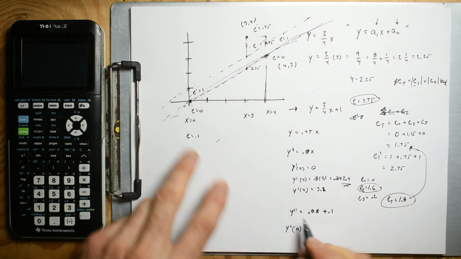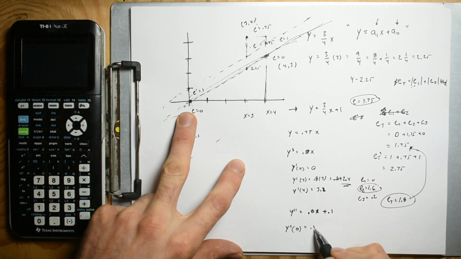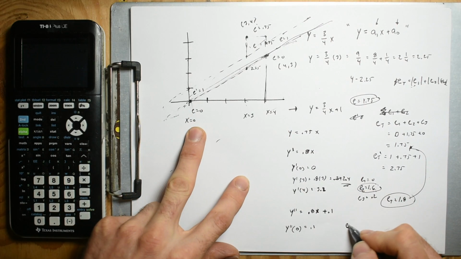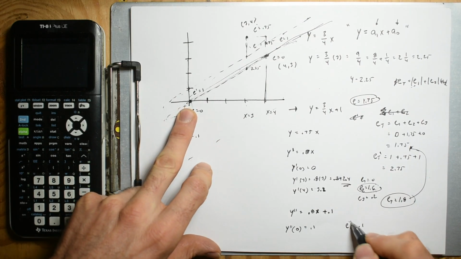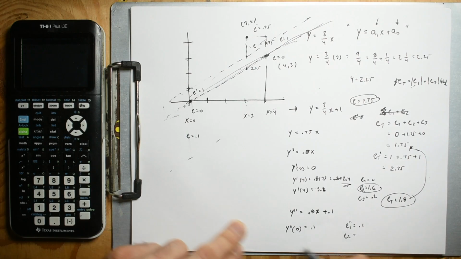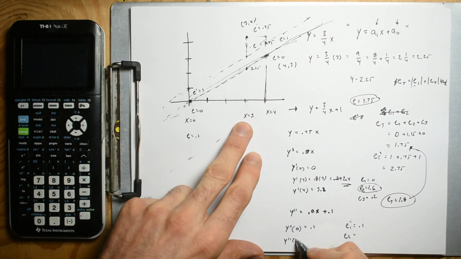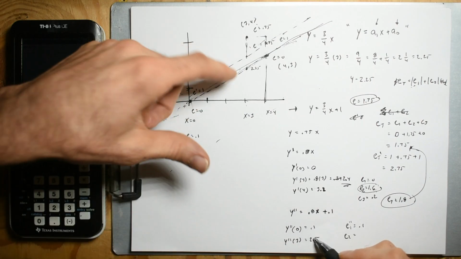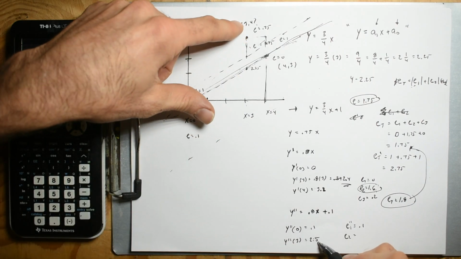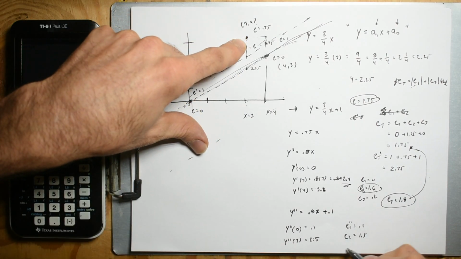We have the value where we throw in x is 0. That's going to be 0.1. We already know our error 1 is just the difference between 0 and 0.1. So y at x equal to 3 in this equation, we're going to have 2.4 plus 0.1, which is 2.5. And then the difference between 4 and 2.5 is 1.5.